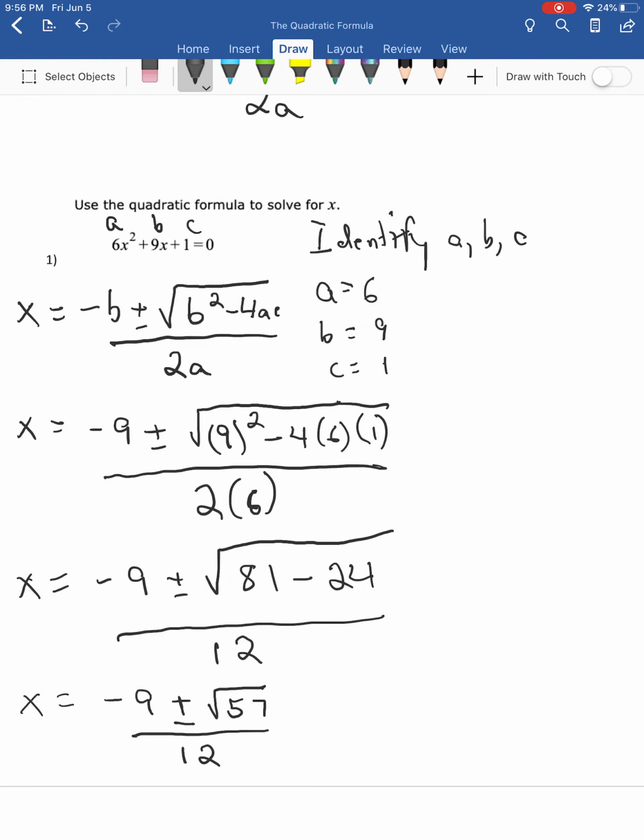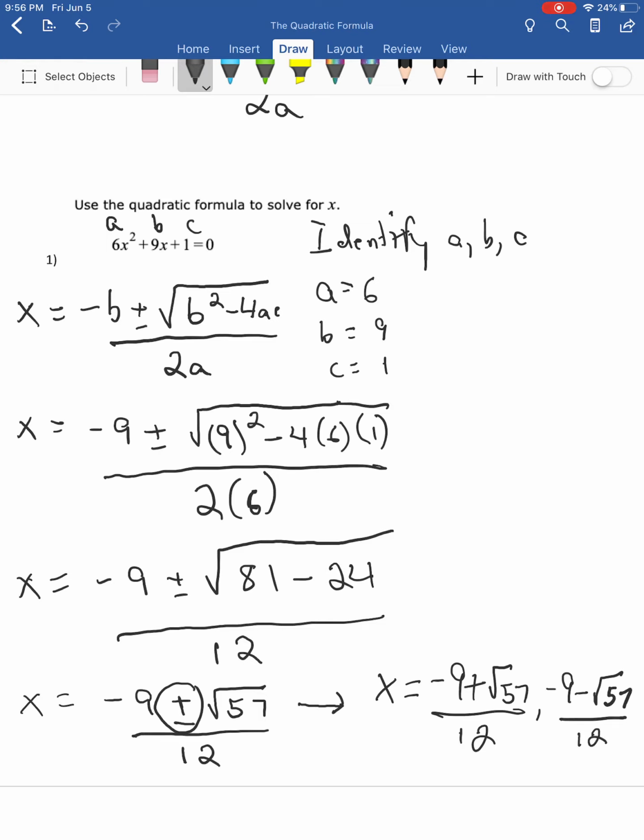If you notice in the directions, it doesn't say to give our answer to the nearest tenth or hundredth. So we're going to break down the plus or minus symbol. This means x equals negative 9 plus square root of 57 over 12, comma, negative 9 minus square root of 57 over 12.